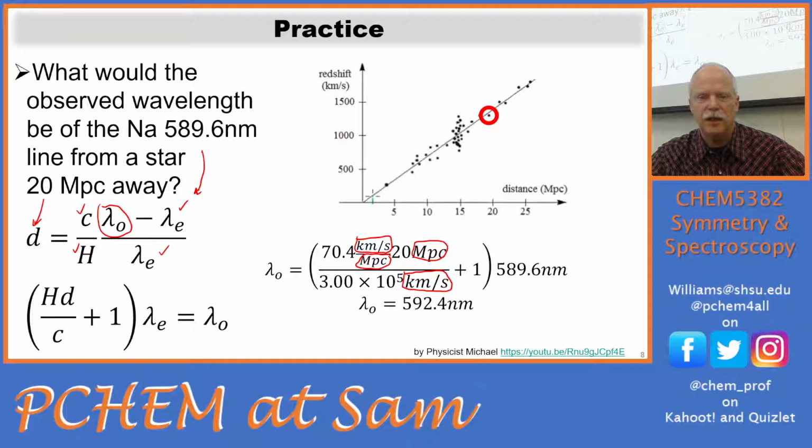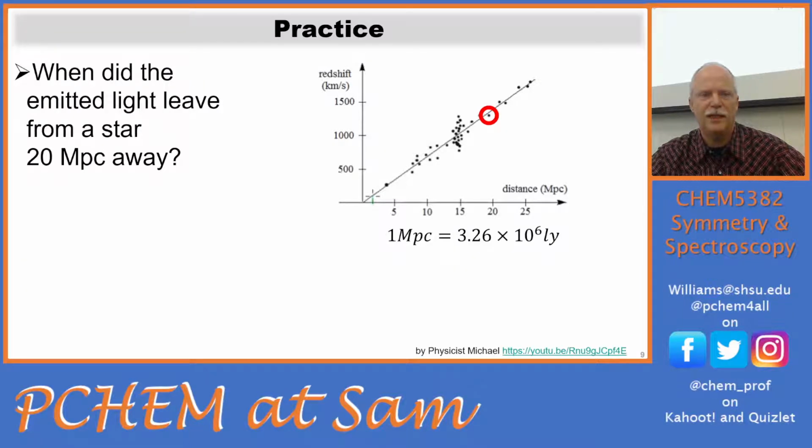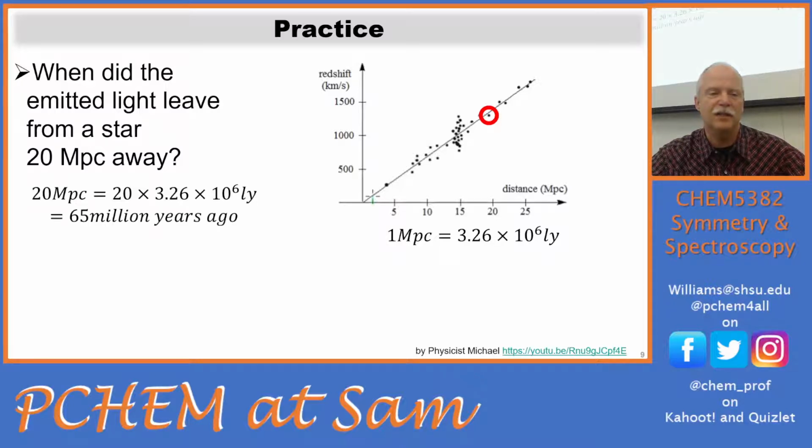Okay. And then lastly, when did that light that we just detected leave that star? So again, these are measured in light years, and so we can measure how long it took for that light to get here. So 20 megaparsecs is 20 million parsecs. And so this is how long it took that light to reach us, which just kind of breaks my brain.